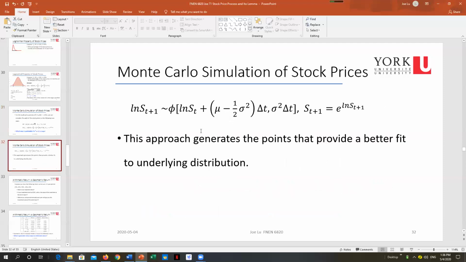So in this case, you should use the distribution actually derived from that stochastic process. Okay, I'll stop here. I'll talk to you in the next video.